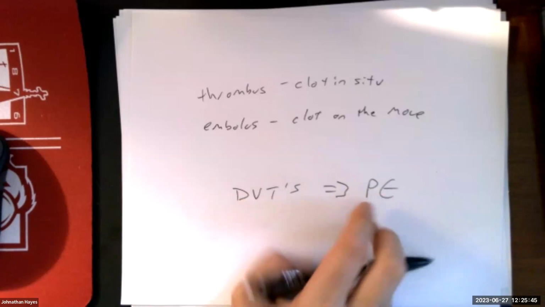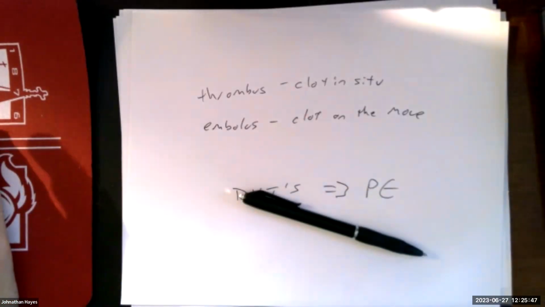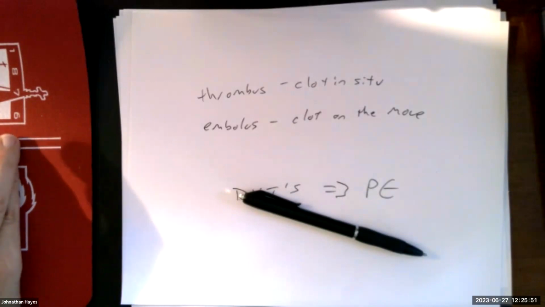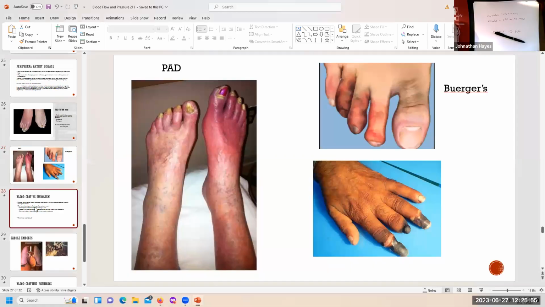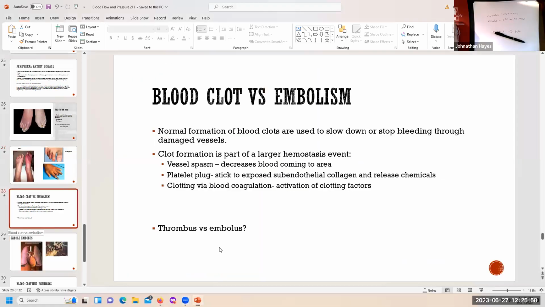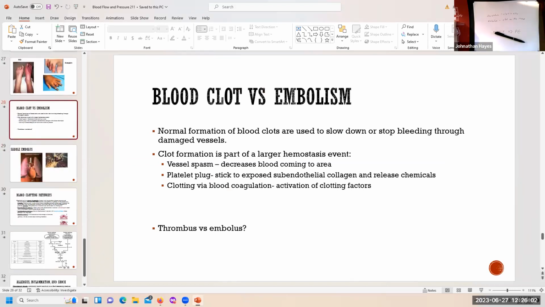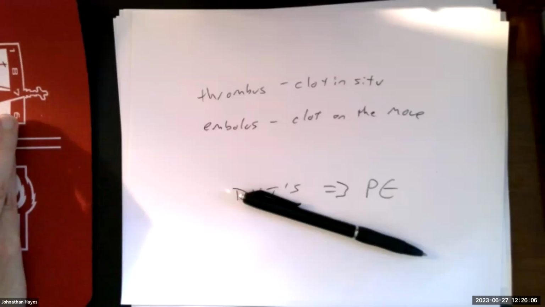So if you've already got a patient that has peripheral vascular disease, or they're kind of elderly, let me share screen with you again, then we're probably going to want to screen for these DVTs. A DVT, or deep vein thrombosis, usually occurs in the deep veins of the leg.